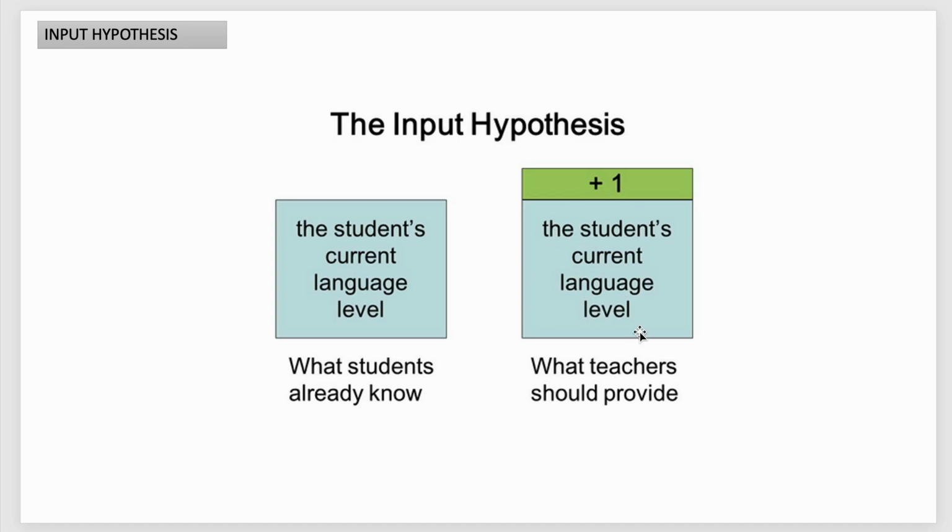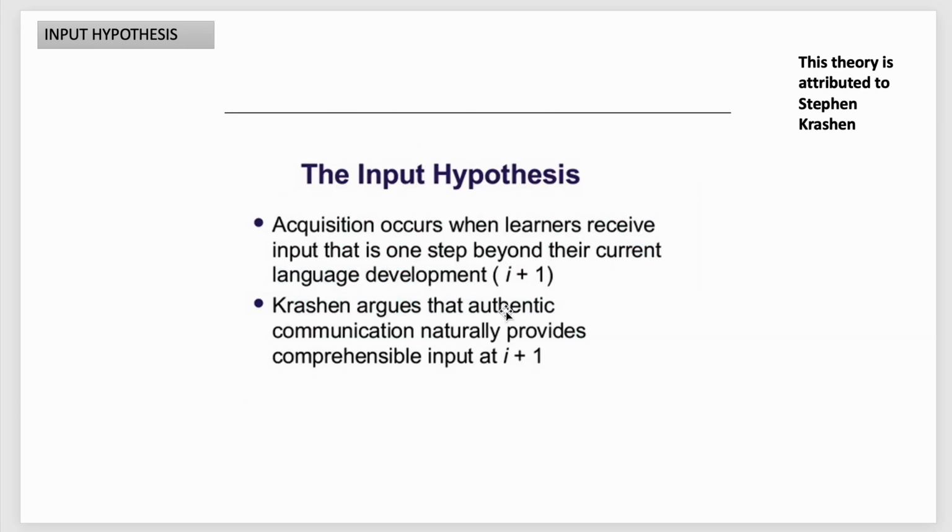The student should always be challenged with something a little bit more difficult than they can manage, +1, so that they have room to improve. So teachers in the classroom should be providing language that is just a bit too difficult. Or authentic communication in the real world provides this I+1 input that is slightly too difficult.